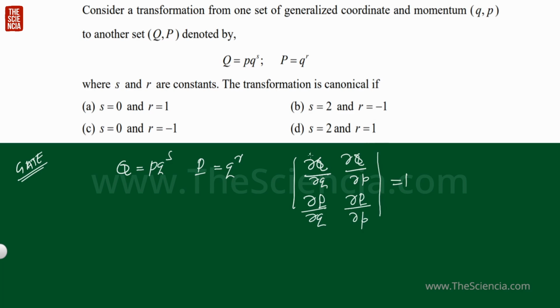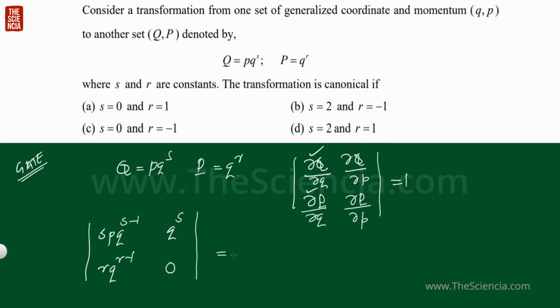So we have to evaluate these terms, that is dou Q by dou Q. We get S P Q raised to S minus 1, and dou Q by dou P we get Q raised to S, and dou P by dou Q it is R Q raised to R minus 1, and dou P by dou P is 0.